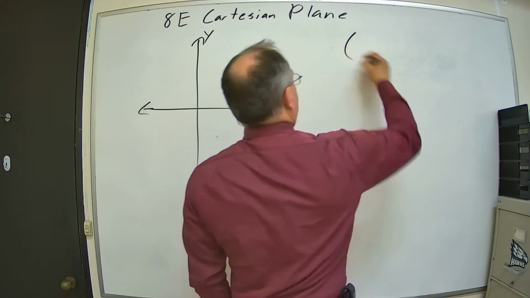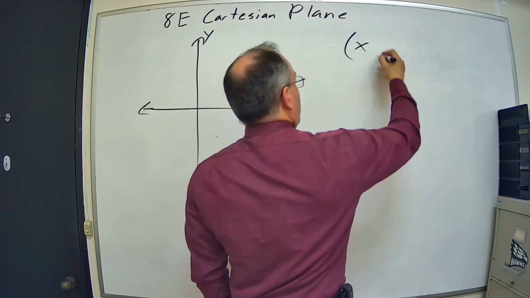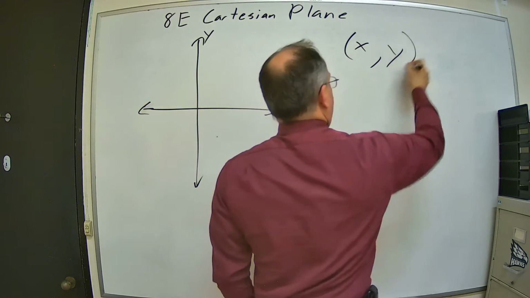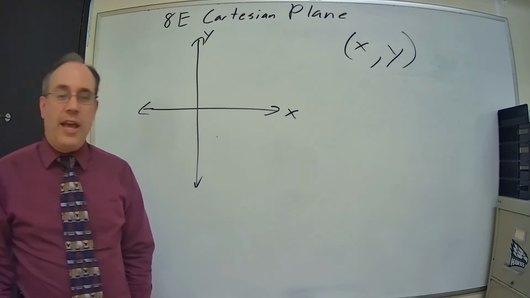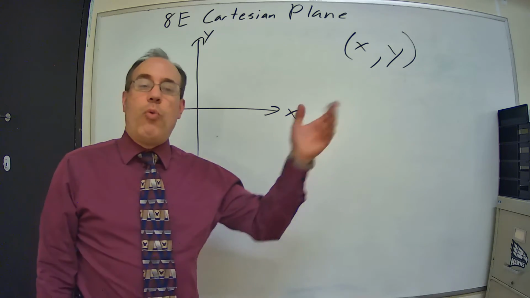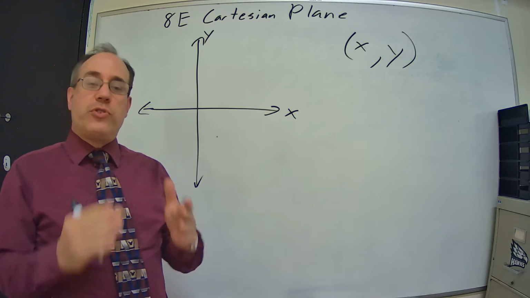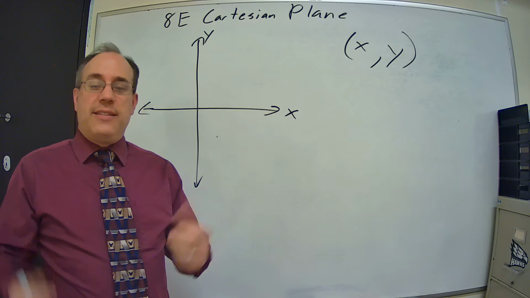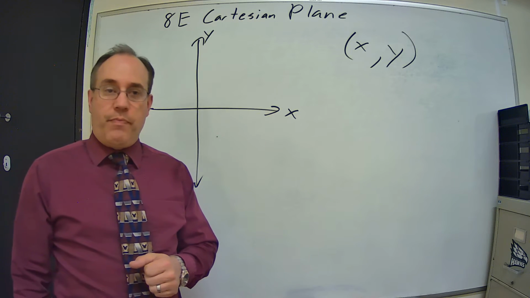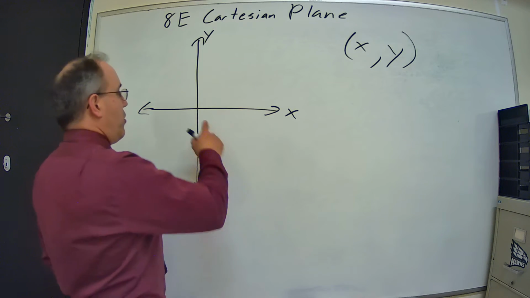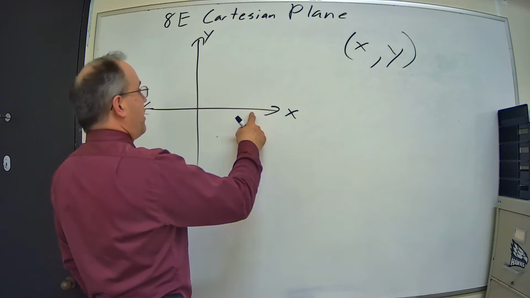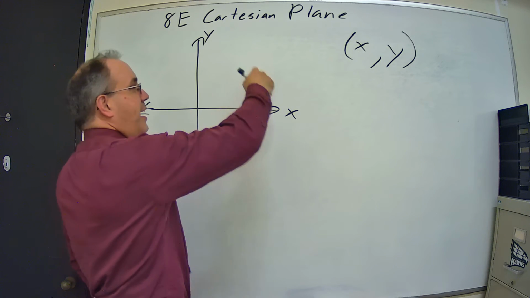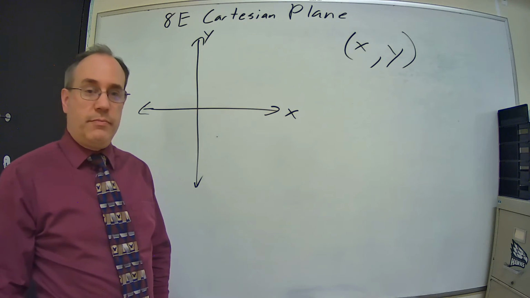Ordered pairs are set up as x, y. We have an x coordinate and a y coordinate, and where those two meet is that point, x, y. So we would come over x and go up y to get to that point.